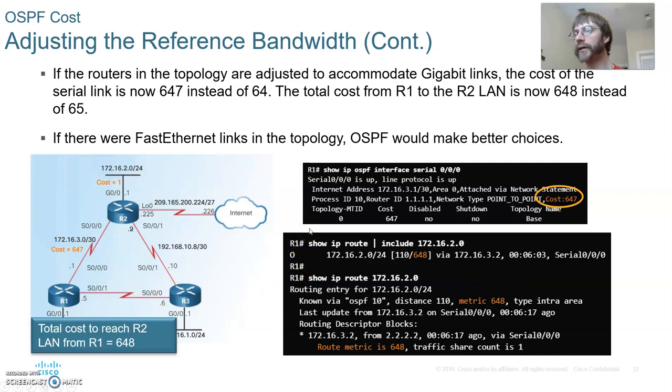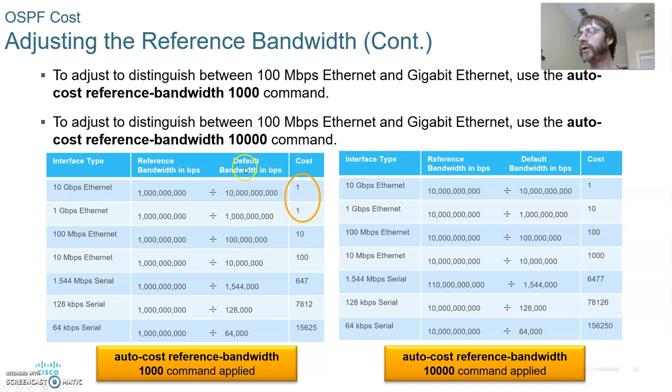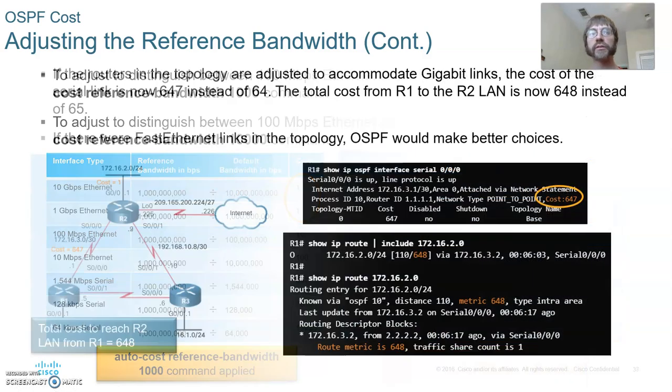Now, you can also change your default bandwidth for these interfaces. So there's a reference bandwidth and default bandwidth. These are two different concepts. Reference bandwidth will tell OSPF how to cost these interfaces in terms of their metrics. You can also set these on the individual interfaces.